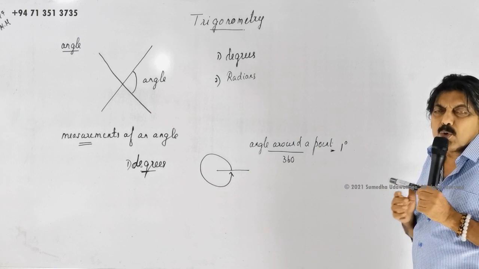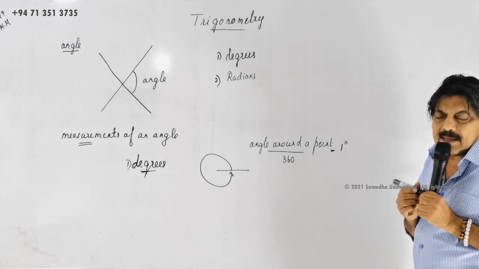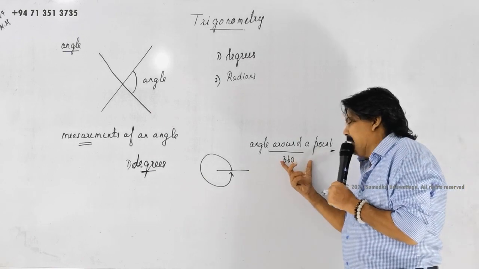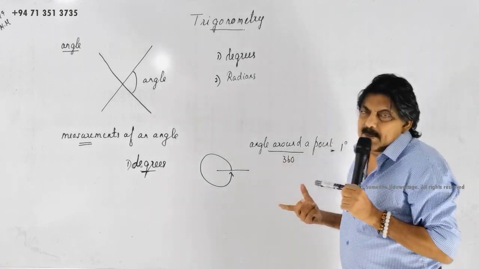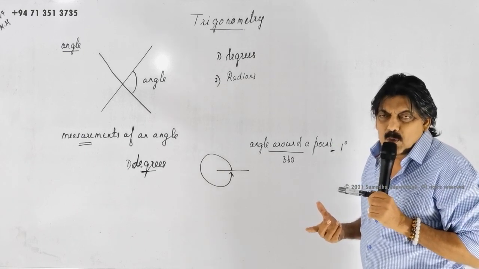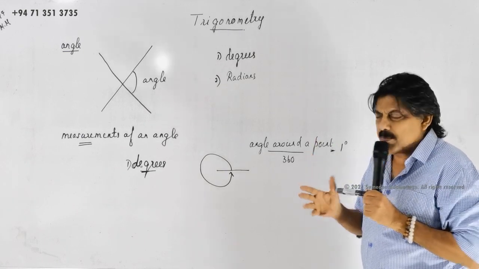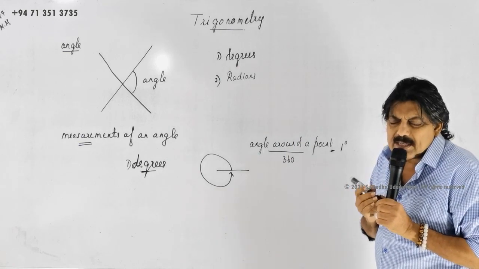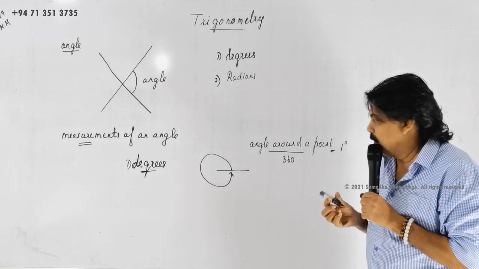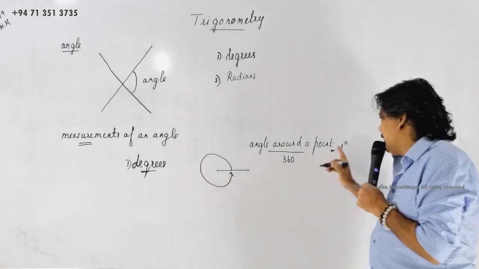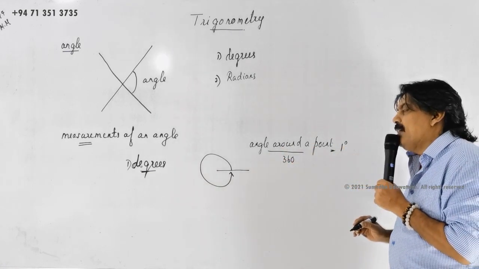The start of mathematics may go back some 6,000 years. You may ask me how. If I try to talk about the history of mathematics, I'll not be able to teach you the subject within this small time. The angle around a point divided by 360 is 1 degree.